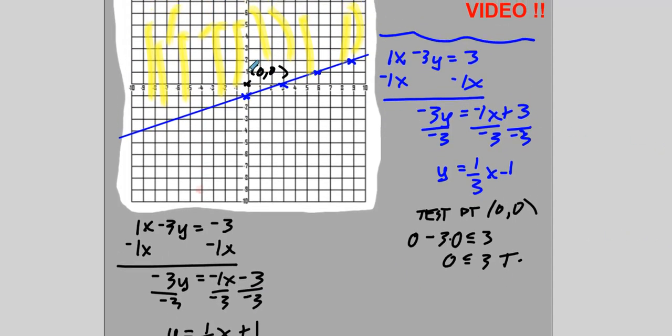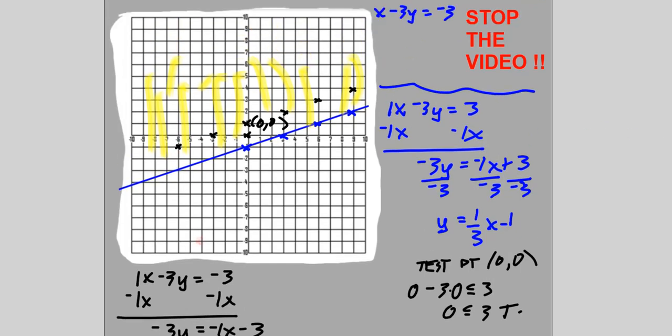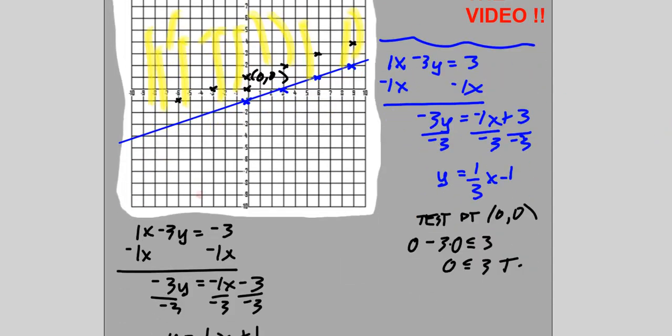So my y-intercept here is 1. My slope is also 1/3 like the other line, so I go over 3 up 1, over 3 up 1, over 3 up 1. I could go back 3 down 1, and this is again a solid line, I believe. Yes, so let's draw that line.